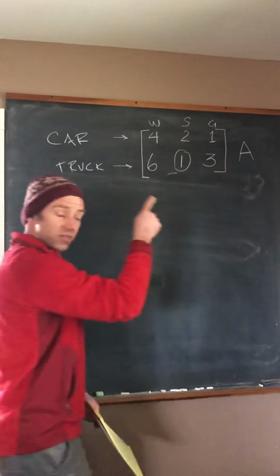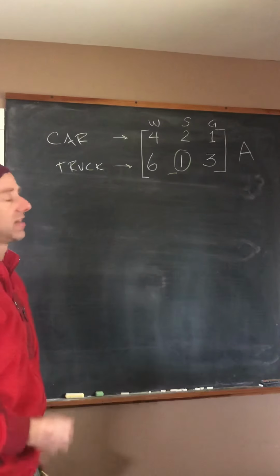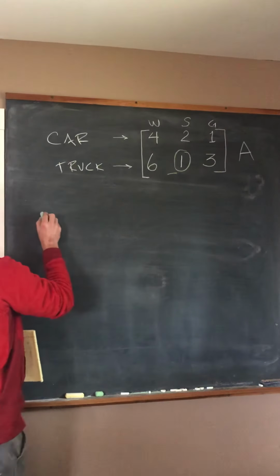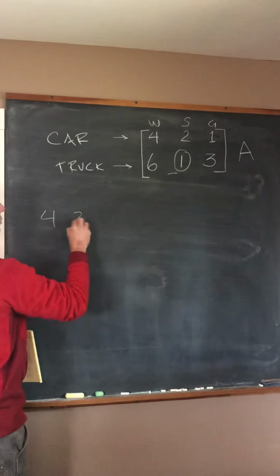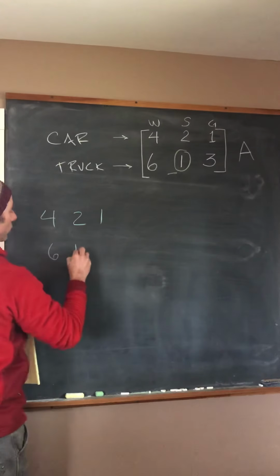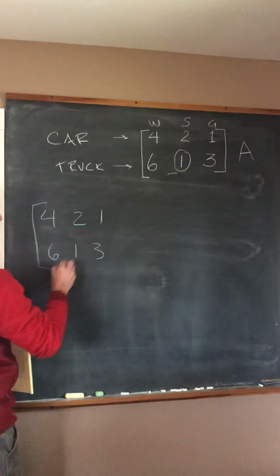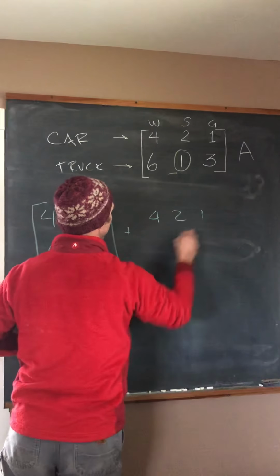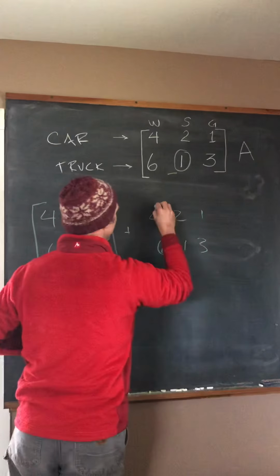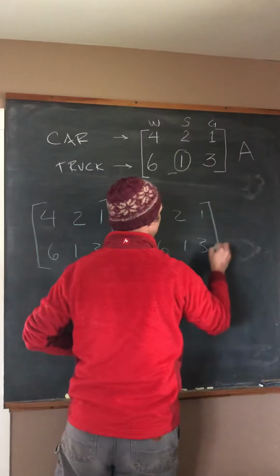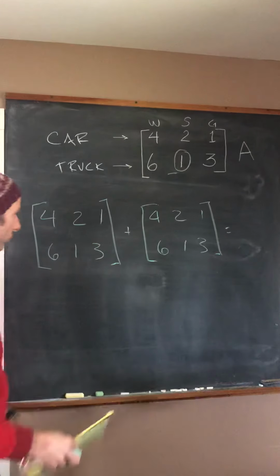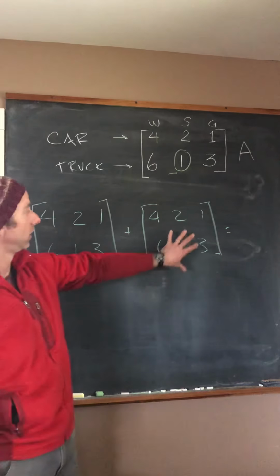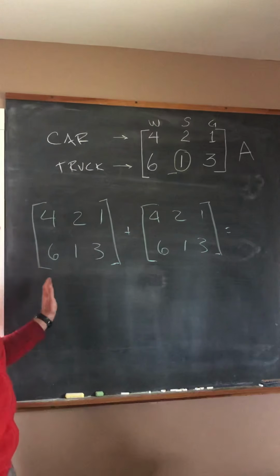I'm going to stick with this matrix as an example quite a few times. So what does this look like? 4, 2, 1, 6, 1, 3. Okay, here's A again, and I'm just going to add them.